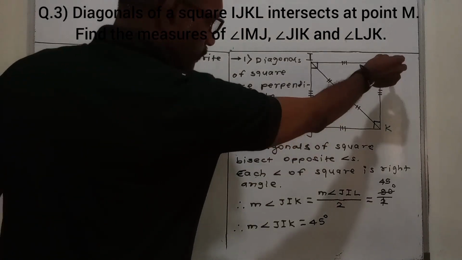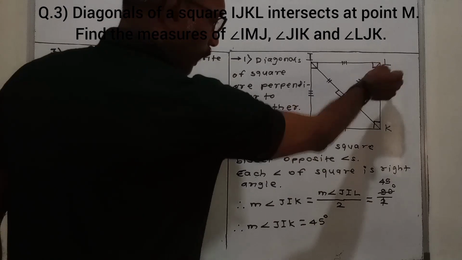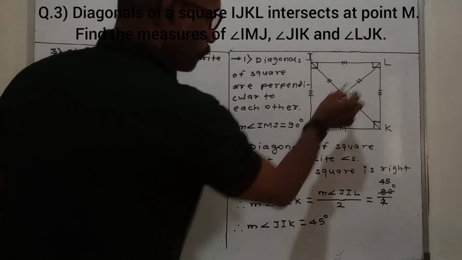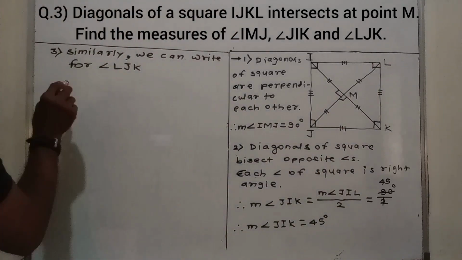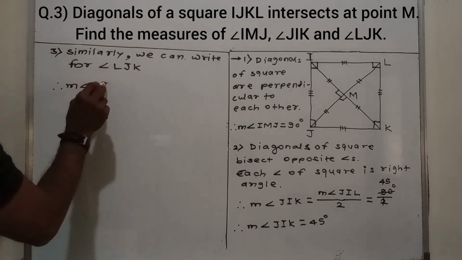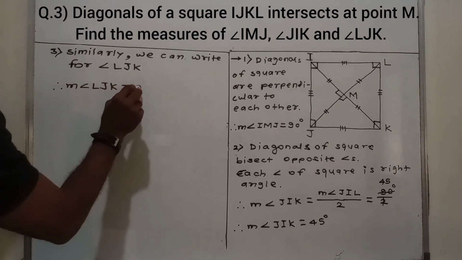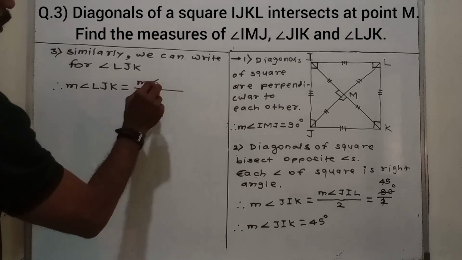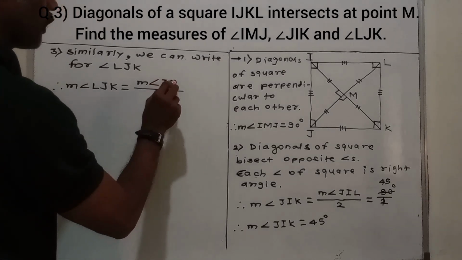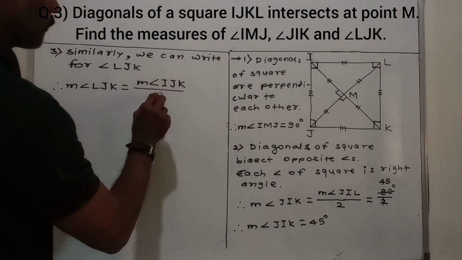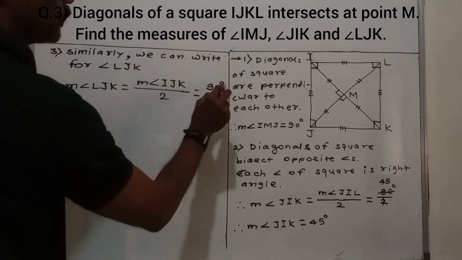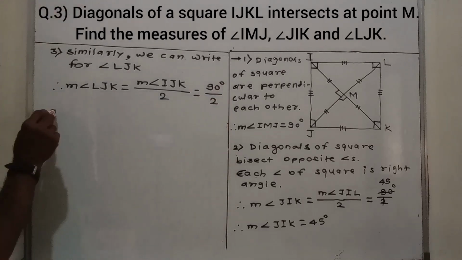See this. This diagonal LJ bisects opposite angles. Therefore, measure of angle LJK is equal to measure of angle IJK upon 2, which is equal to 90 degrees upon 2.